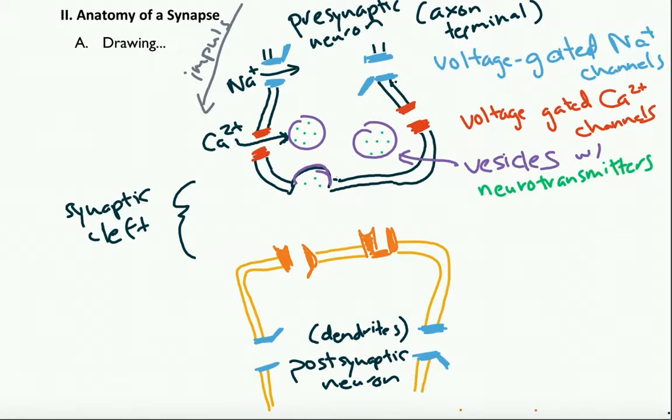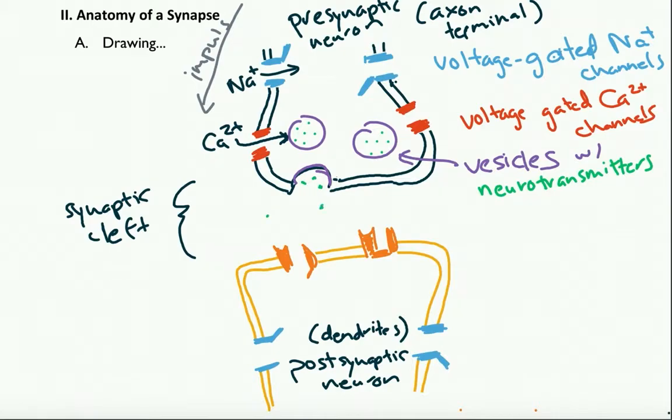When those vesicles get bound with calcium, that's going to induce the vesicles to fuse through exocytosis with the very end of the axon terminal and then dump the neurotransmitters inside of it into the synaptic cleft, the gap inside the synapse.